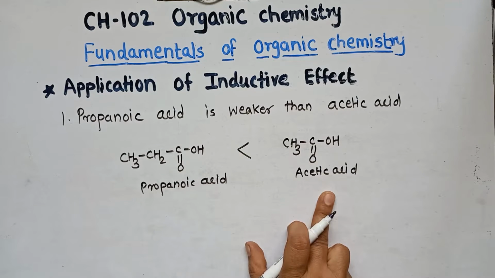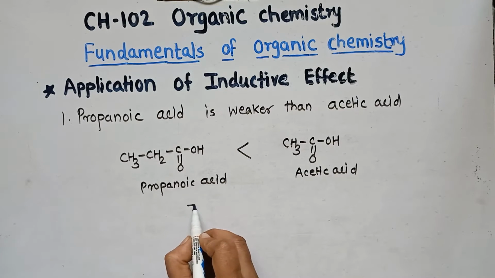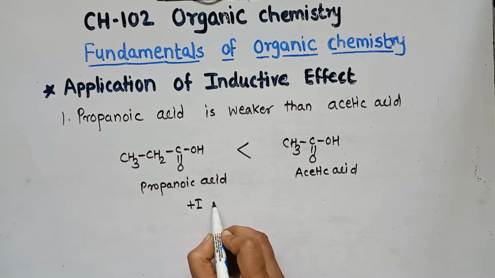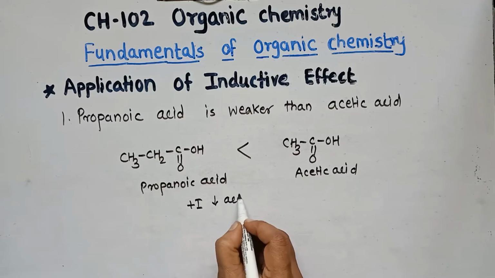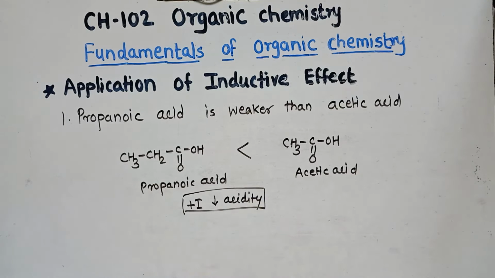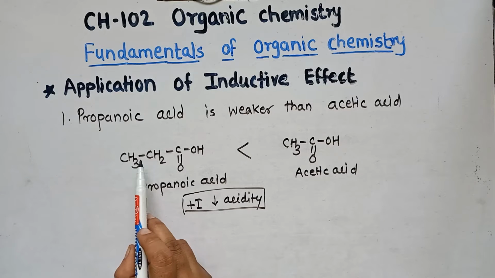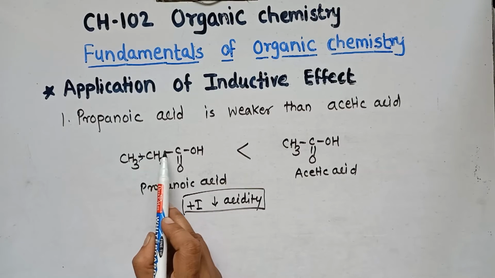Why? Because here the electron donating group decreases the acidity, means plus I effect decreases the acidity. This is our point. So here the electron donating ethyl group is there.